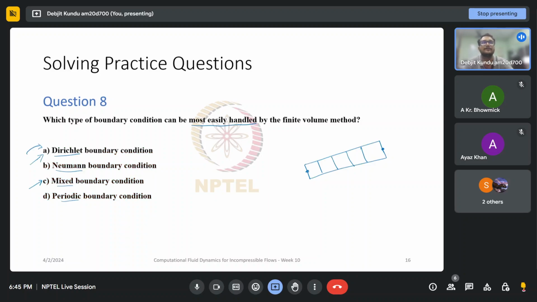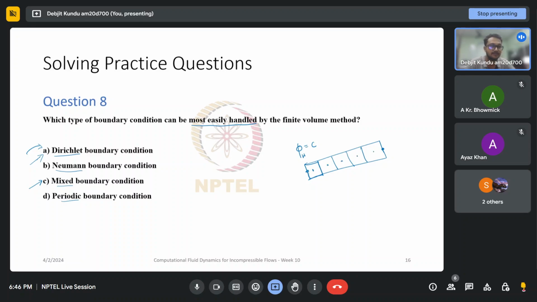So I'll go back to the figure I drew here. This is the cell of my interest, and let's do this case wise. For the Dirichlet boundary condition, I simply mention the value over here. So let's say phi w is some constant, and there will be a phi over here, and so on.